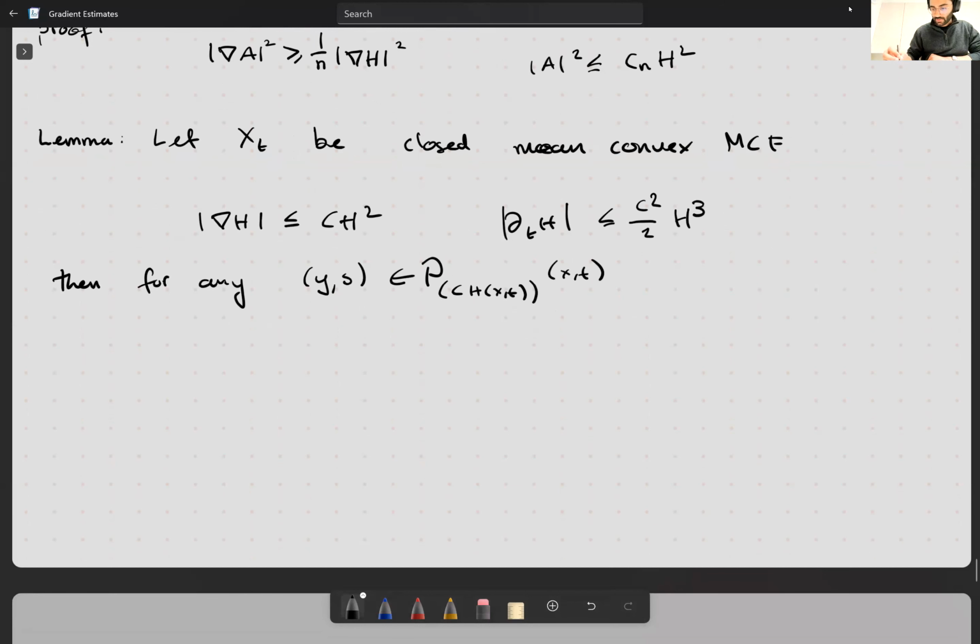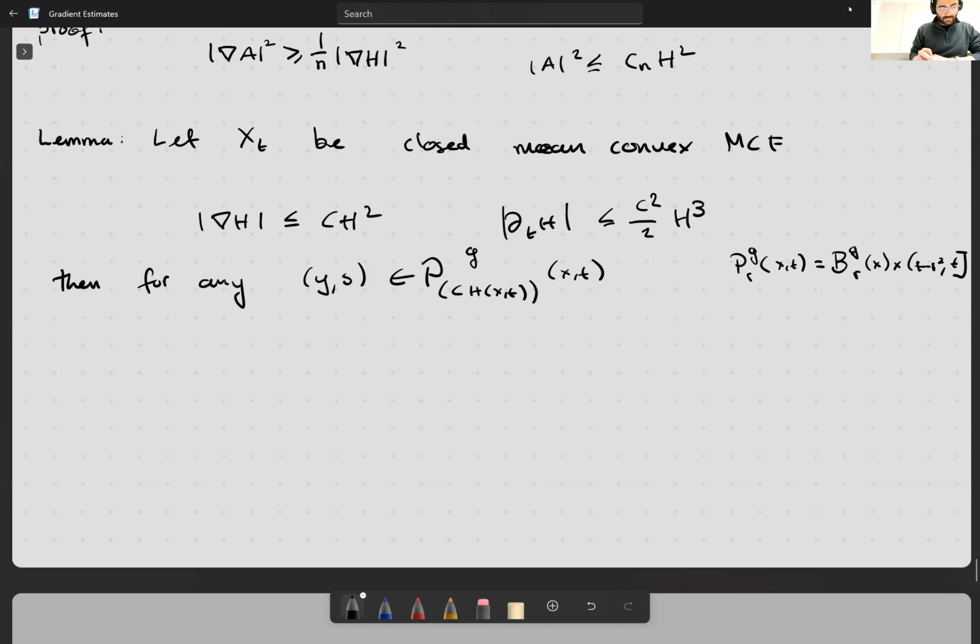Also, this parabolic ball, maybe I should define that. P_r(x,t) is the intrinsic parabolic ball, equal to the intrinsic ball of radius r at x times (t minus r squared, t).